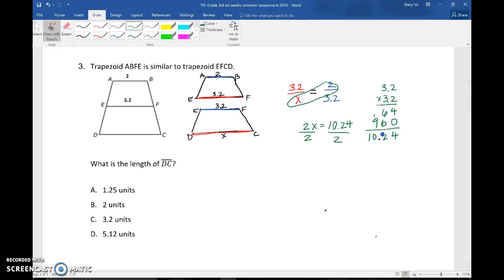So I'm going to do 10.24 divided by 2. 2 times 5 is 10. 0, bring down my 2. 1 times 2 is 2. 0, bring down my 4. 2 times 2 is 4, so 5.12. Nice.